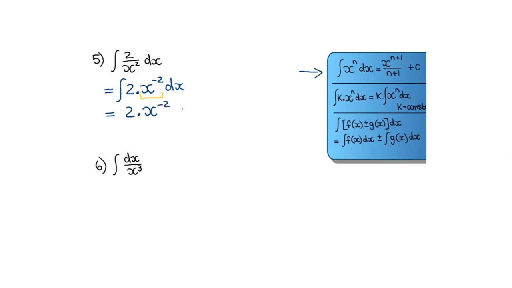So I write down what I have. I add a 1, and now I have to divide by this new exponent, which is negative 1. Remember to say plus a constant. So what do I have? Positive 2 over negative 1 is negative 2, x to the power negative 1 plus the constant.